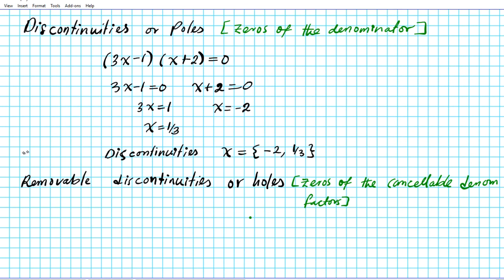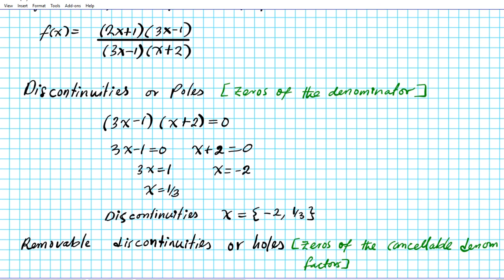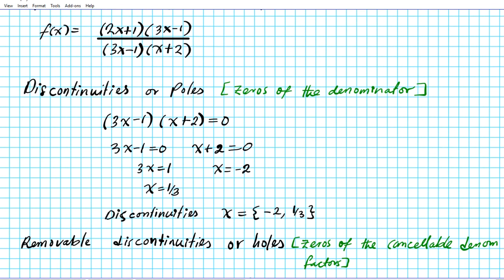Okay, so we look at the original rational function and ask ourselves which denominator factor can be cancelled with another identical factor in the numerator. If you take a look at this, we can clearly see that 3x minus 1 represents that cancellable denominator factor in this scenario.